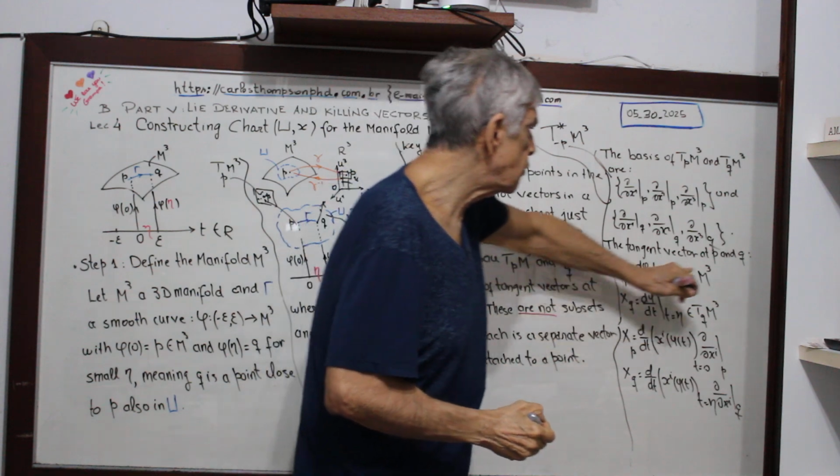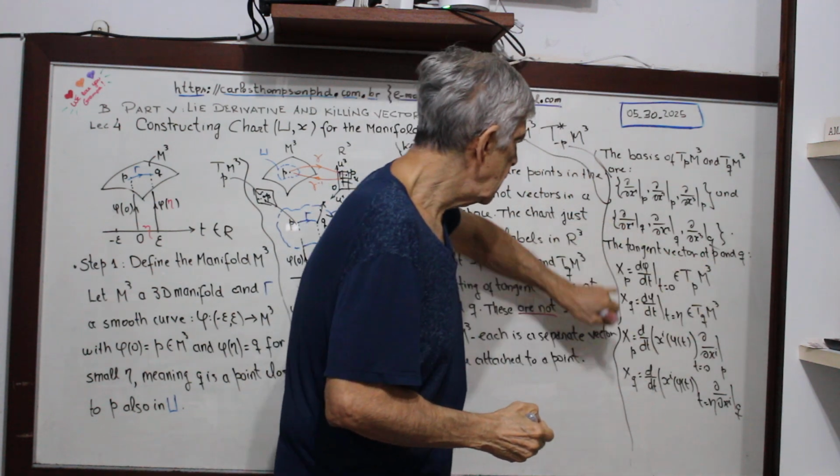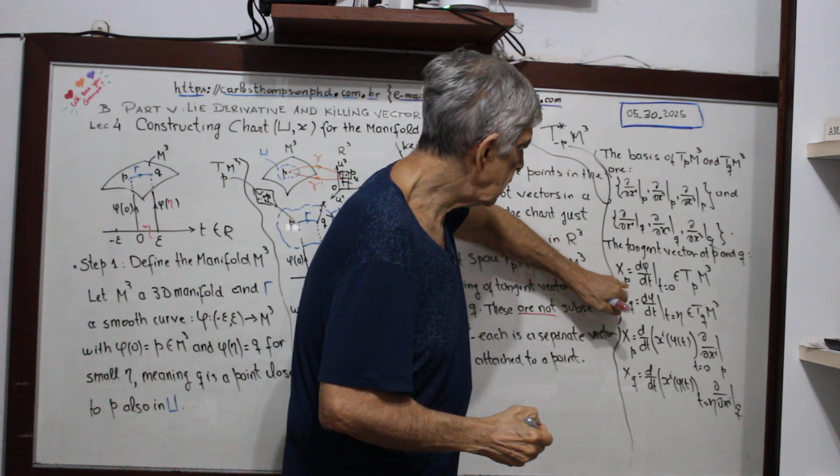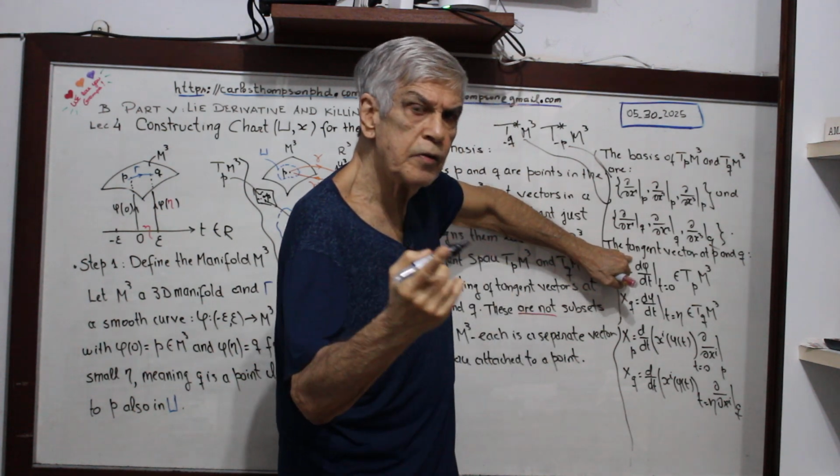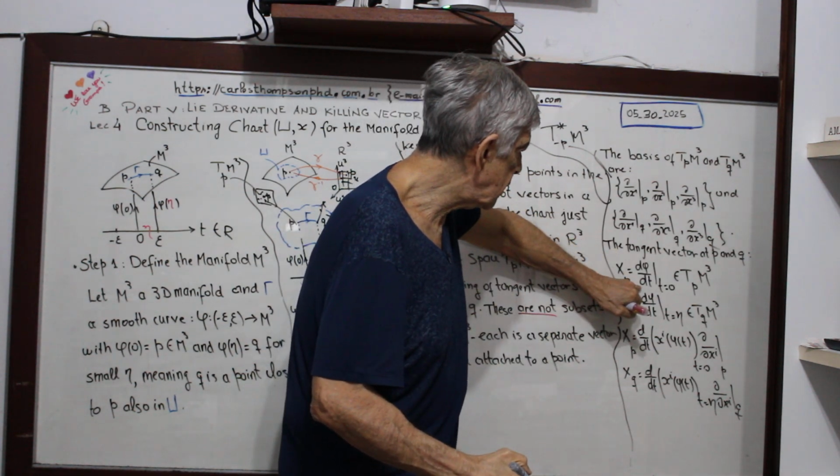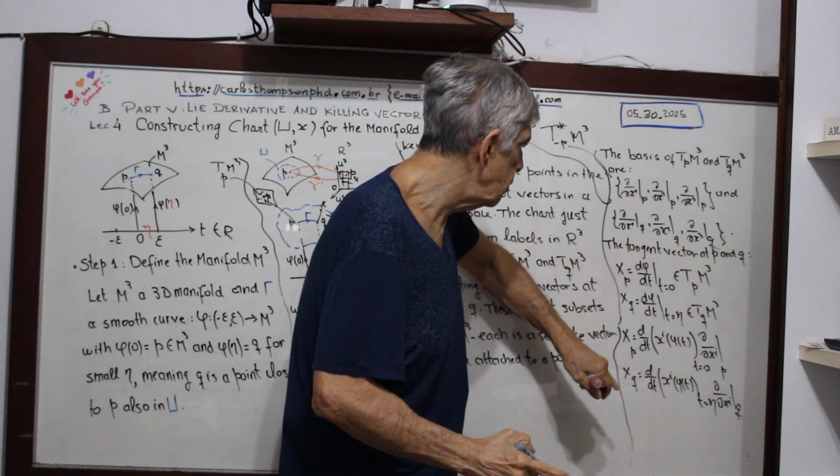So the tangent vector at points P and Q: Xp is the ordinary derivative of phi with respect to t at t equal 0.